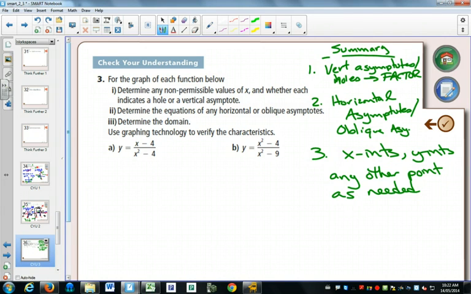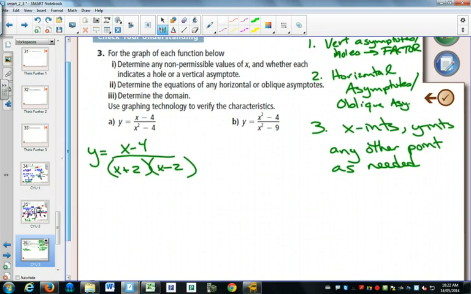We'll start with factoring completely to see if it has vertical asymptotes or holes. So this first one, top is x minus 4. Can you factor the bottom? Difference of squares, x plus 2, x minus 2. So with that in mind, nothing cancels out.